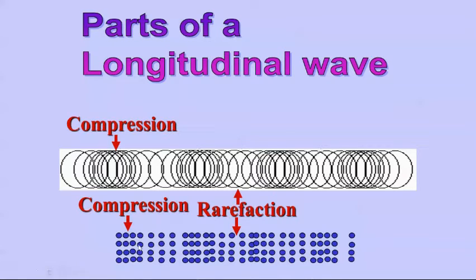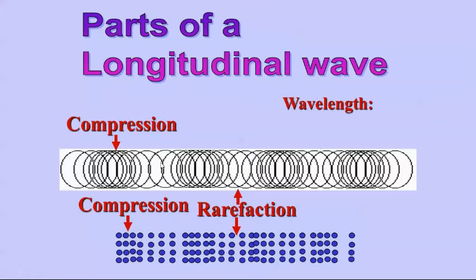So if you've ever seen a slinky go back and forth like this, there's places where the rings are close together, and that's a compression, and places where the rings are farther apart, and that's a rarefaction. So that kind of corresponds to the crest and trough that we saw with transverse waves.